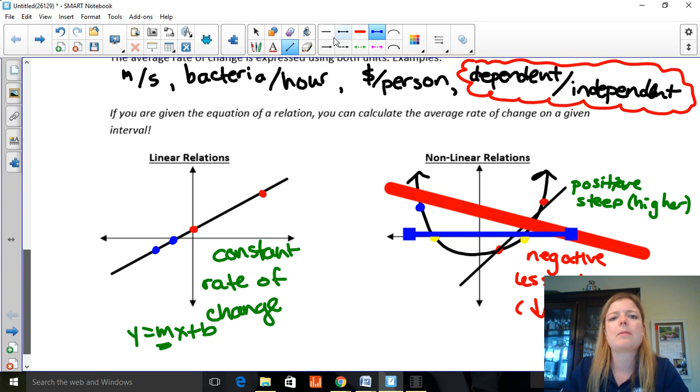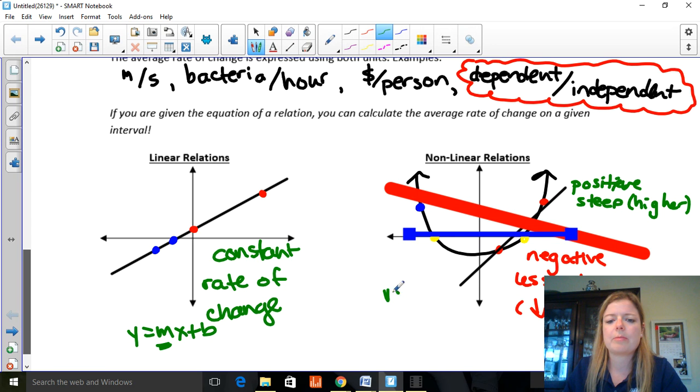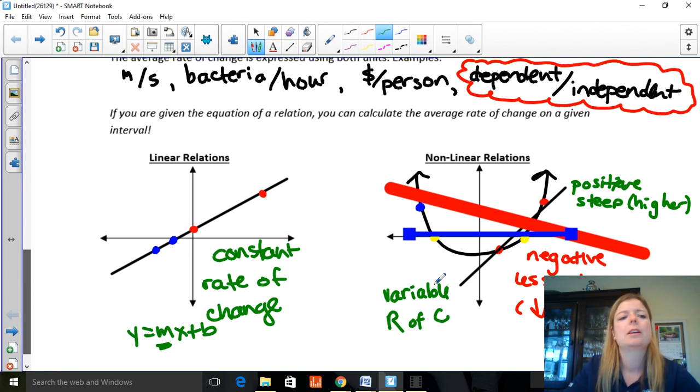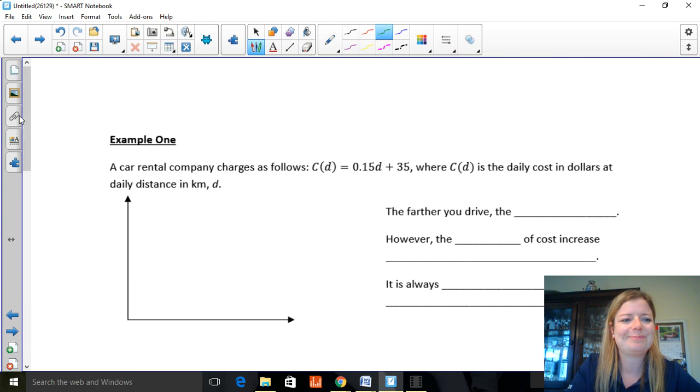So basically, we say that a nonlinear relation has a variable rate of change. So the average rate of change will differ greatly depending on where the 2 points are chosen. Okay, so it's a bit more work to do there.